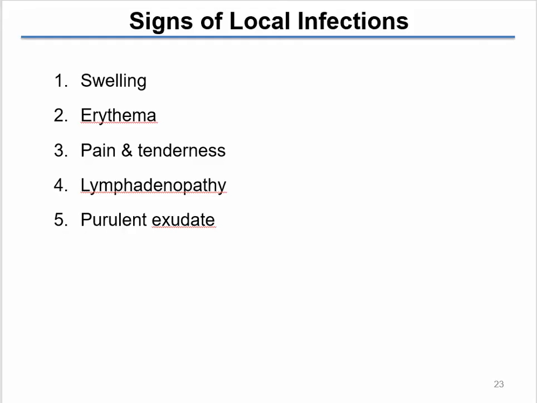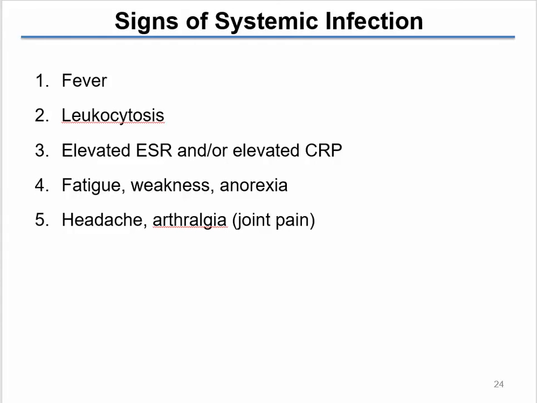Now, when you go to systemic infections, again, we've talked about a lot of these things. Fever, leukocytosis, so increased white blood cell count, elevated ESRs, and C-reactive proteins are blood tests.